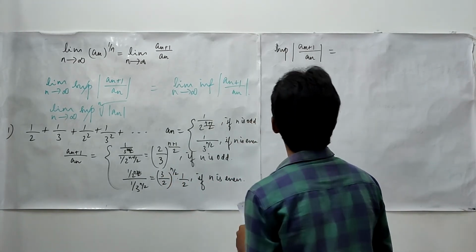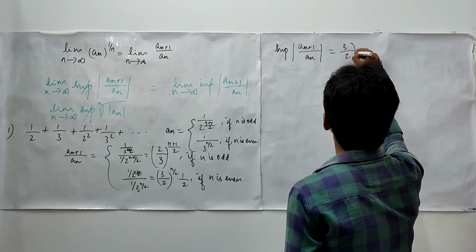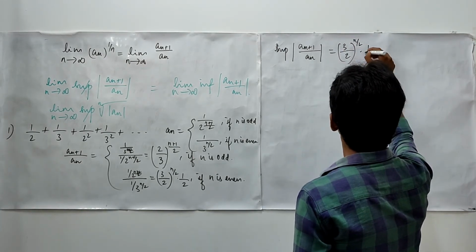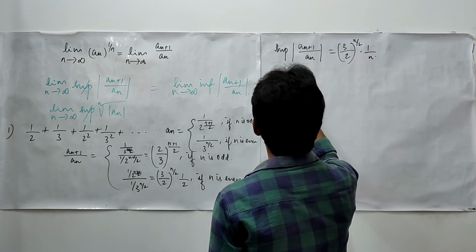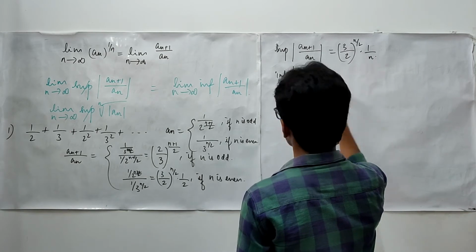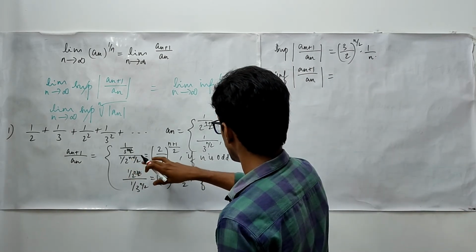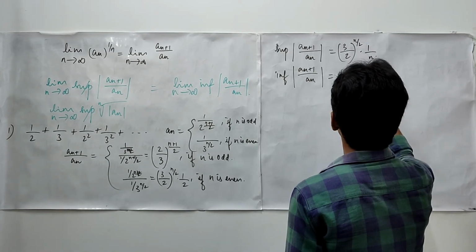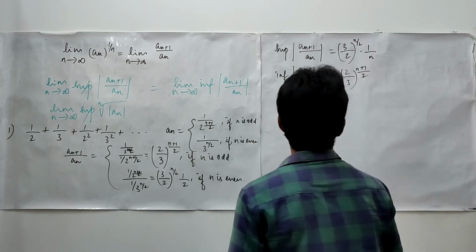Therefore this will be your supremum value, right? And your infimum value is this: 2 upon 3 whole power n plus 1 upon 2.